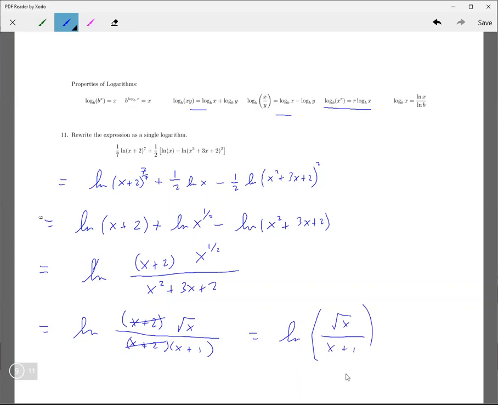And that's what you end up with. Okay, log of the square root of x over x plus 1. Any questions on that? Any problem with this?